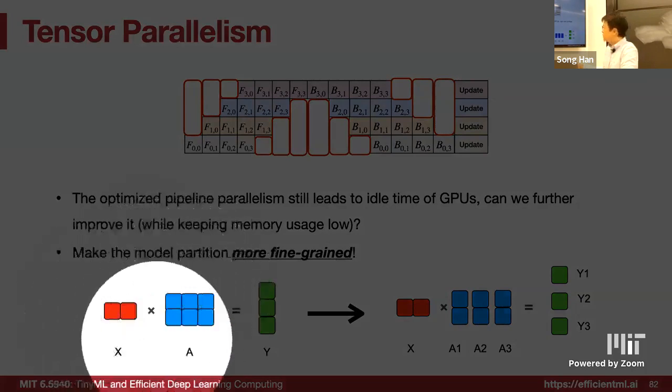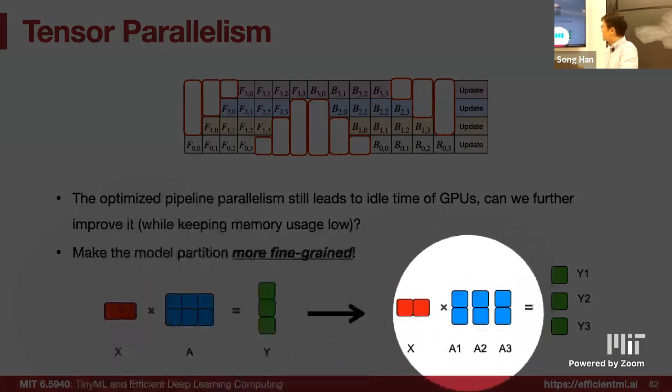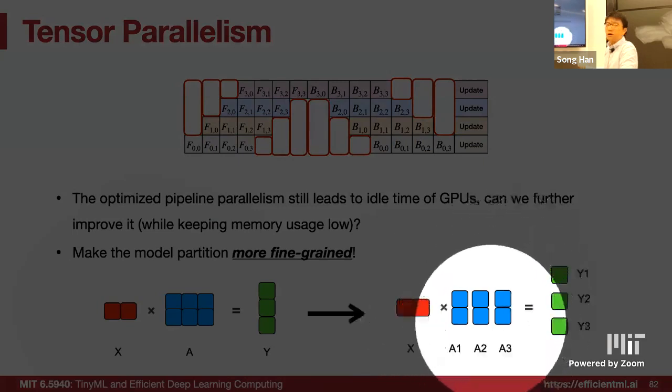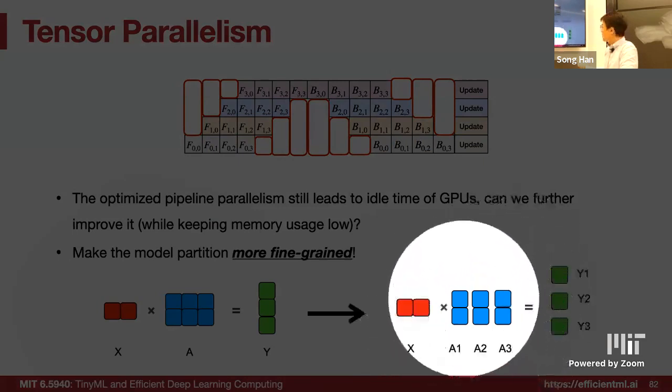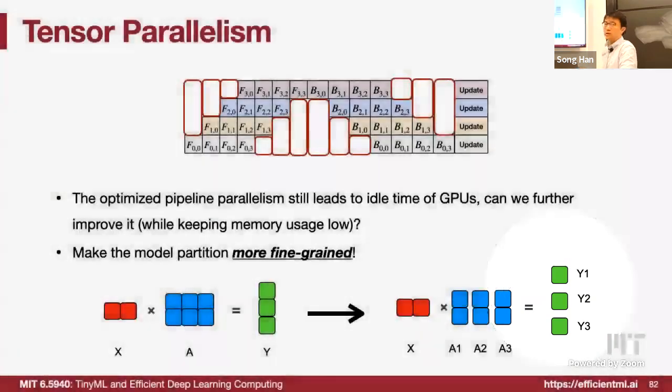This is a single FC layer. We want to partition that into 3 parts: GPU1, GPU2, GPU3. Each GPU calculates only 1/3 of the matrix, and finally we can get the result in parallel. So we partition the model in a more fine-grained manner within a layer.